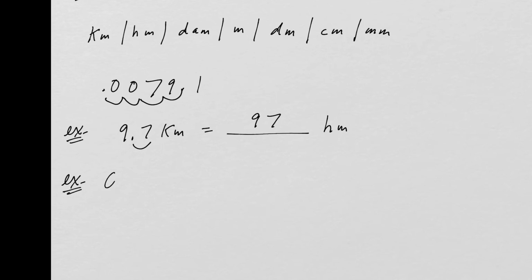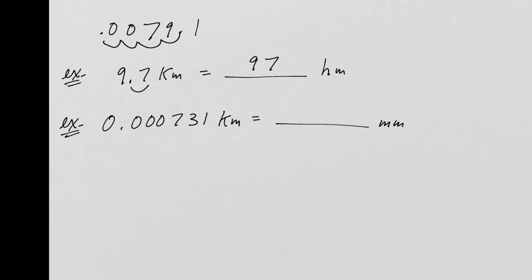Let's say I start with 0.000731 kilometers, and I want to go to millimeters. So if I look in the table, I start at kilometers, I want to go to millimeters. So I need to move 1, 2, 3, 4, 5, 6 places, and it's to the right.